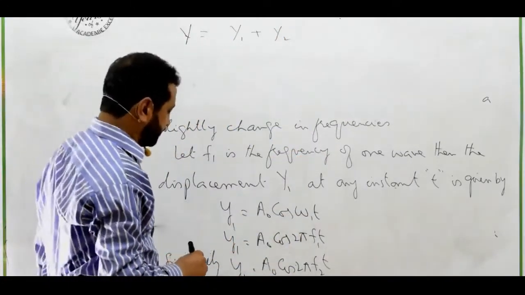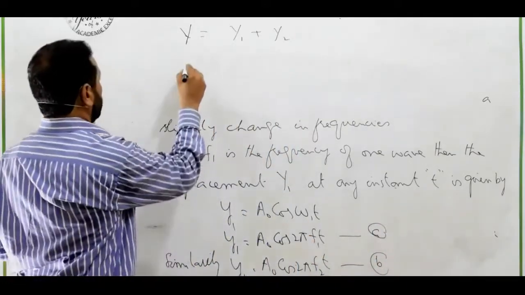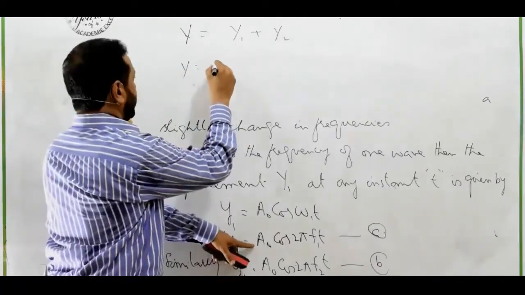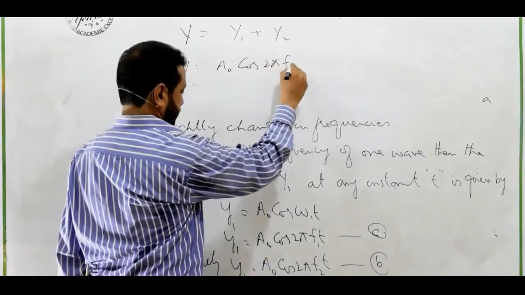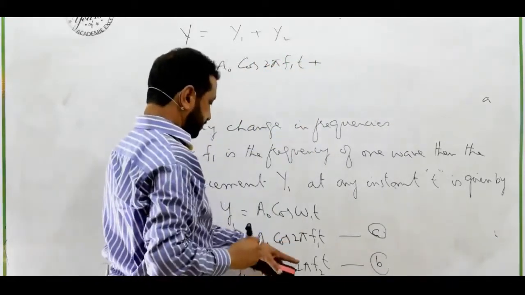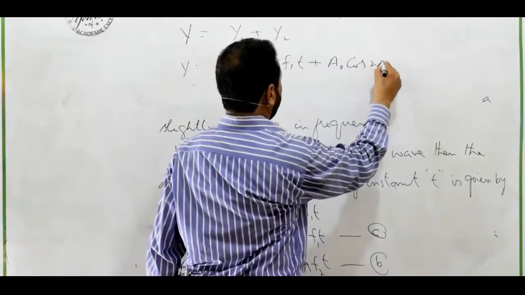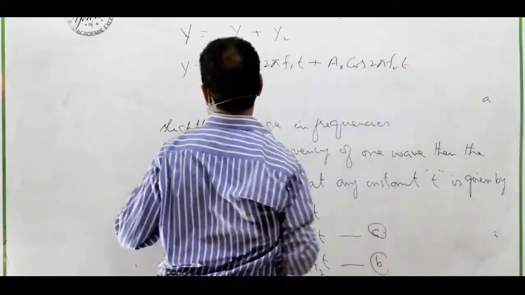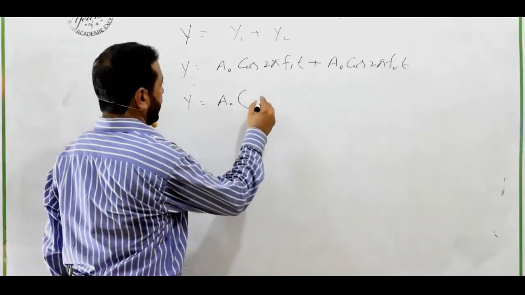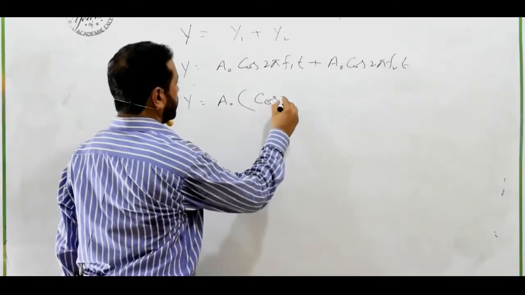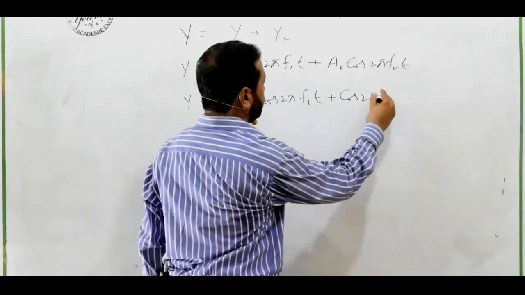Putting the values from equation A and equation B, y is equal to A naught cos of 2 pi f1 t plus A naught cos of 2 pi f2 t. Taking A naught as common, we have A naught times cos of 2 pi f1 t plus cos of 2 pi f2 t.